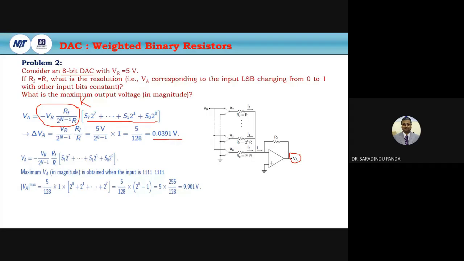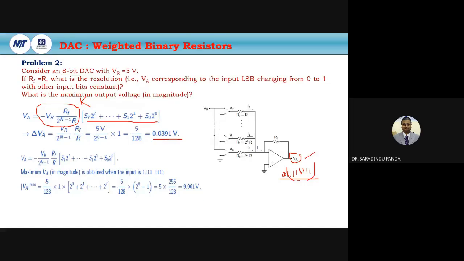So now if we put the maximum VA, all should be 1, S0, S1, S2 to S7 should be 1 for the maximum output. So all 1 should be the input, then we will get the maximum output.